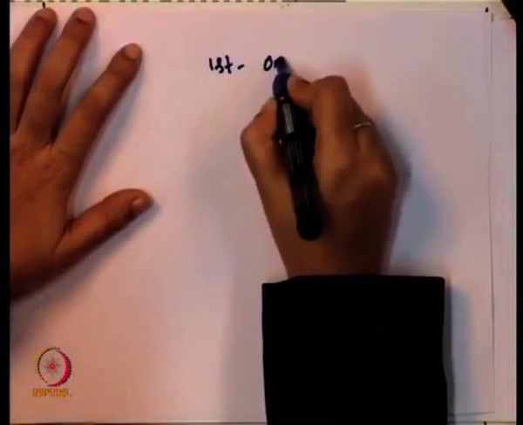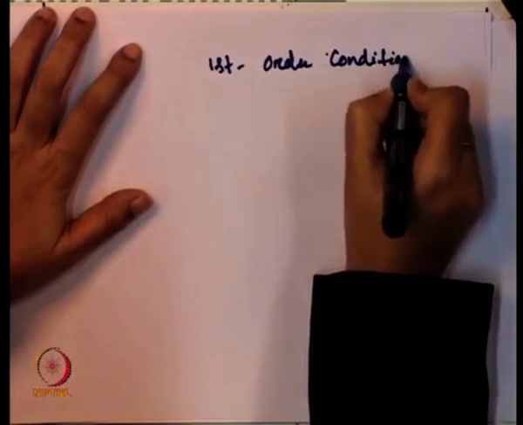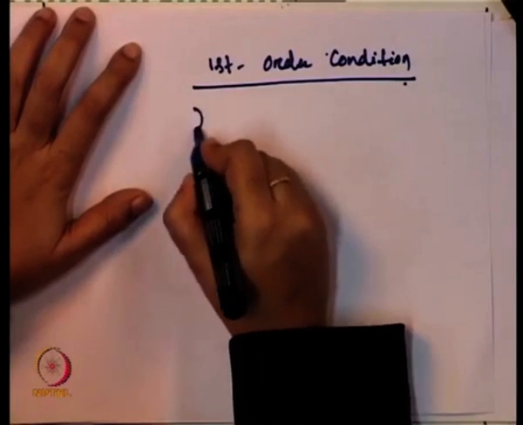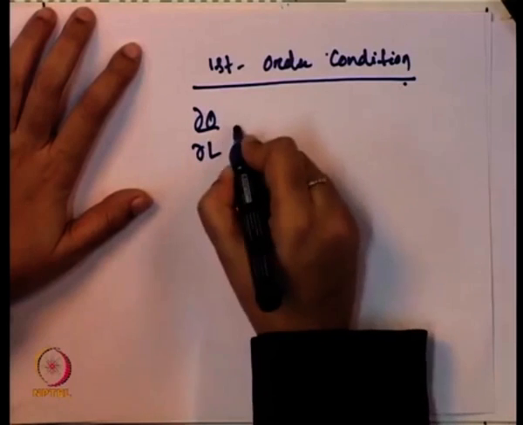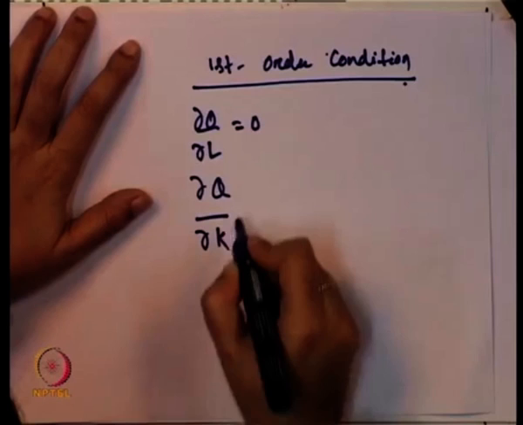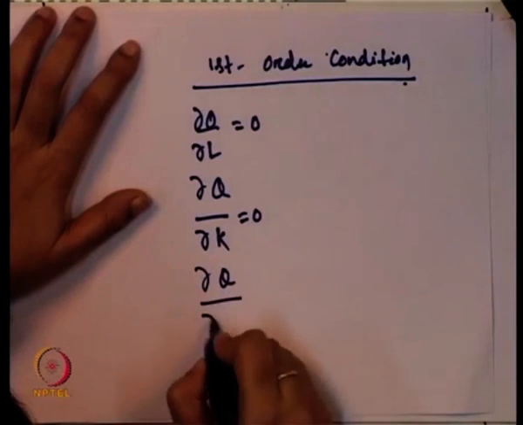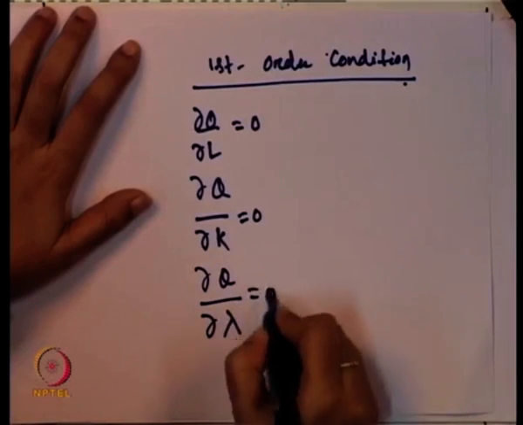So here we take the partial derivatives with respect to L, K and the undetermined constant lambda, and set them equal to 0: del q by del L equals 0, del q by del K equals 0, and del q by del lambda equals 0.